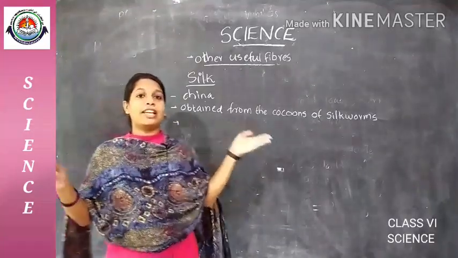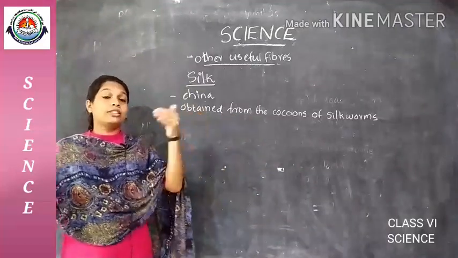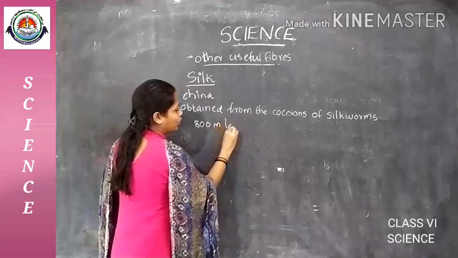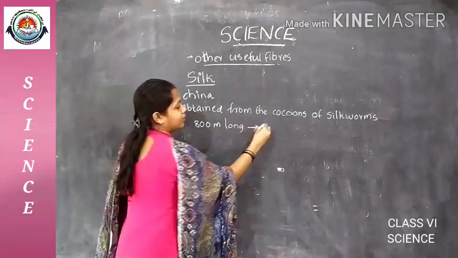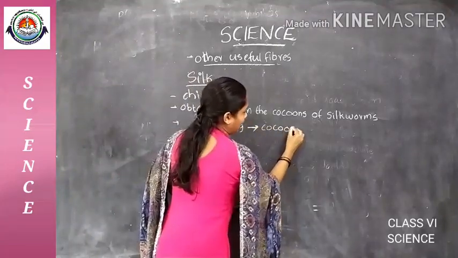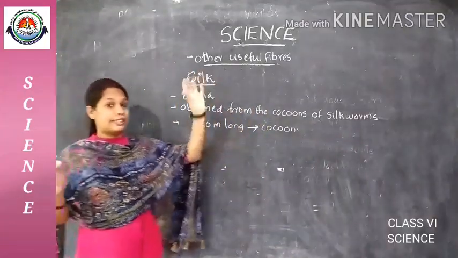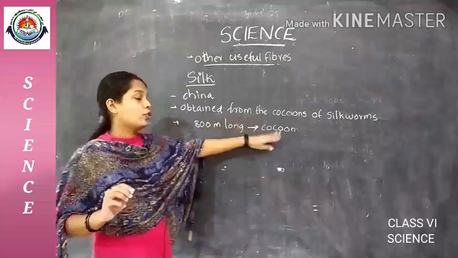The silkworm will spin a thread up to 800 meters long to make the cocoon.